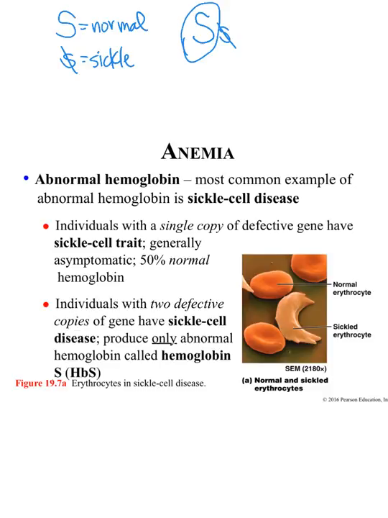They might get winded a little bit quicker than someone else, but pretty much that person's normal. However, if people get the sickle cell trait from both parents, then they actually have sickle cell disease. So they're only producing abnormal hemoglobin, and that is a major problem. People with that disorder will have to have regular blood transfusions.